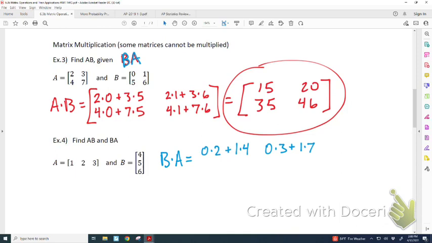Next, we move 5, 6 through it. So 5 times 2 plus 6 times 4. And lastly, 5 times 3 plus 6 times 7.